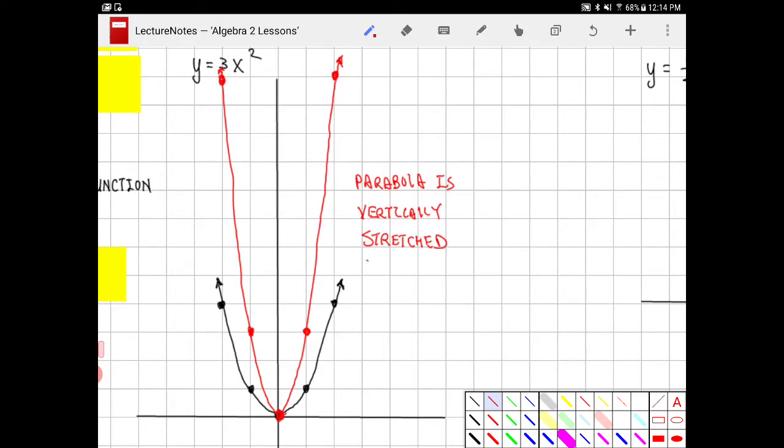Or in other words, all the y coordinates are multiplied by 3. All the y coordinates are multiplied by 3.